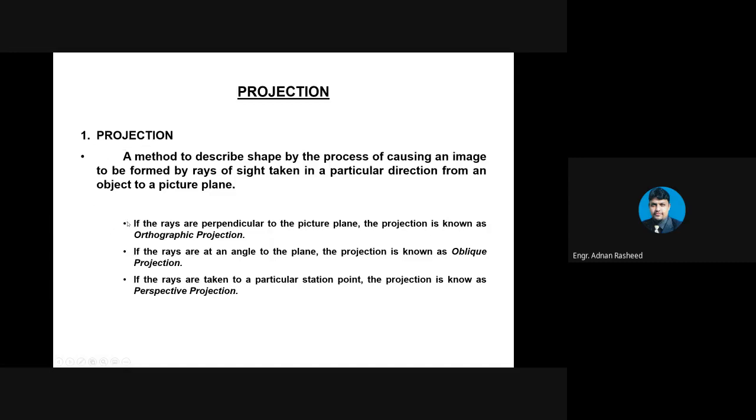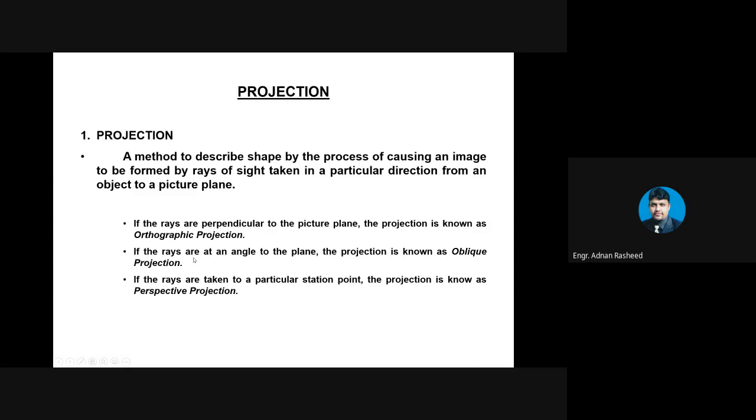There are three types of projections. The first one is orthographic projection, the second one is oblique projection, and the third one is perspective projection. In orthographic projection, if the rays originating from objects are perpendicular to the picture plane, the projection is known as orthographic projection.